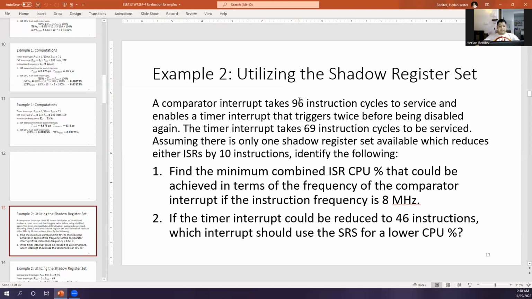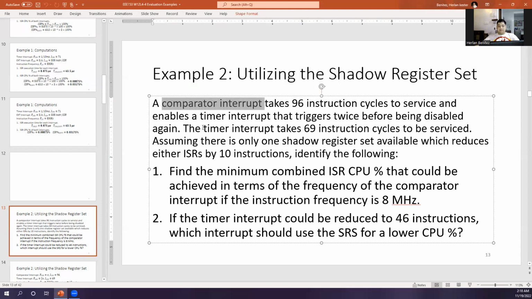So question number one: find the minimum combined ISR CPU percentage. The combined ISR CPU percentage is just the CPU percentage of the comparator plus the CPU percentage of the timer, that could be achieved in terms of the frequency of the comparator interrupt if the instruction frequency is 8 megahertz.